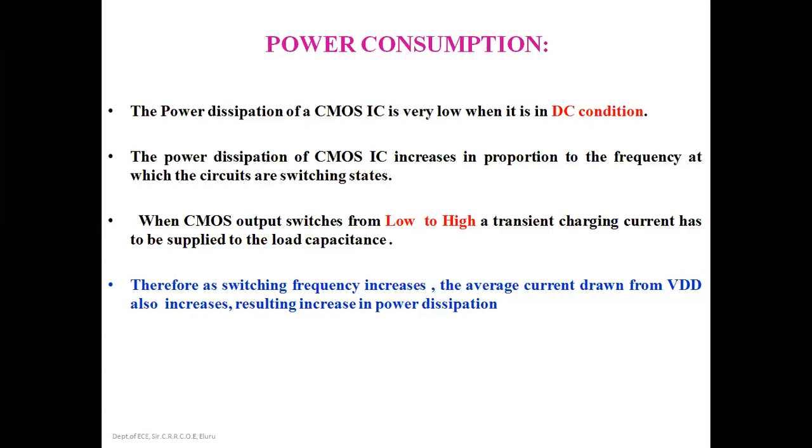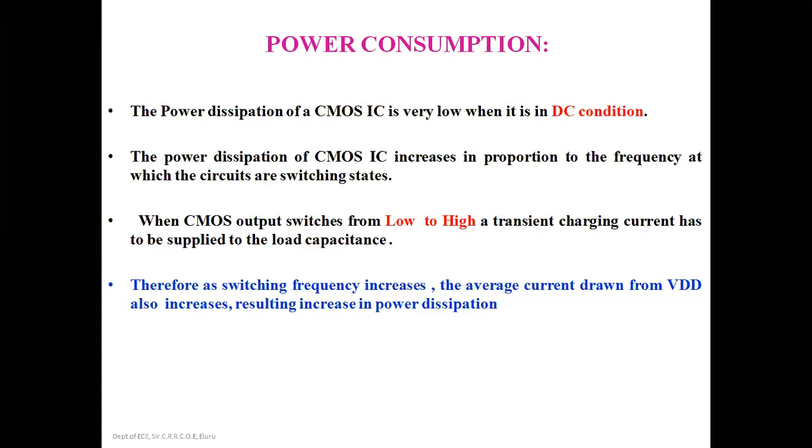So when the output is switching between the states, it will consume a significant amount of power, because under such conditions there is a transient current for charging the capacitance and for discharging the capacitance.